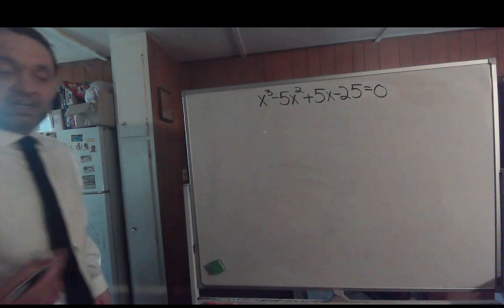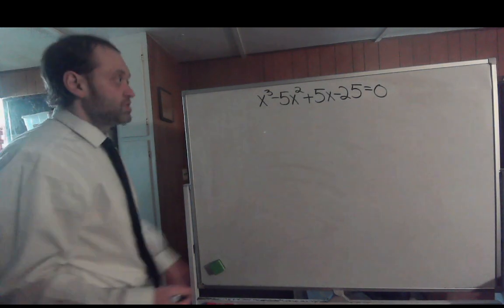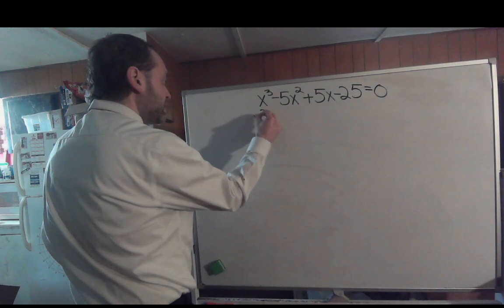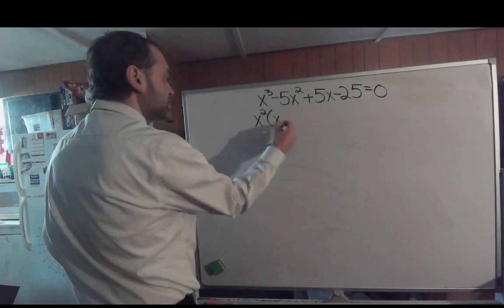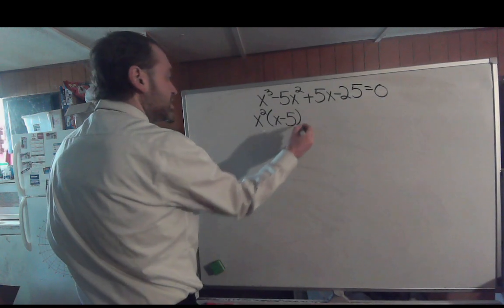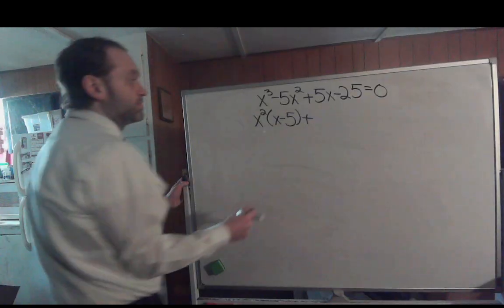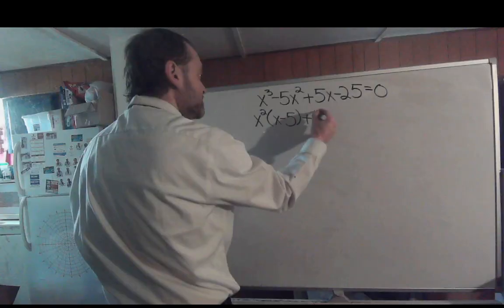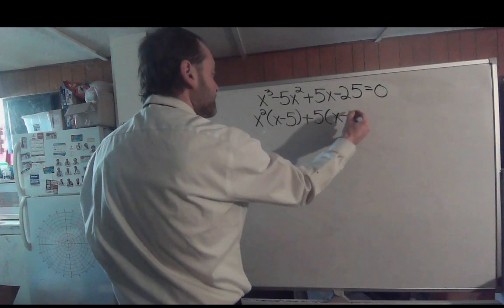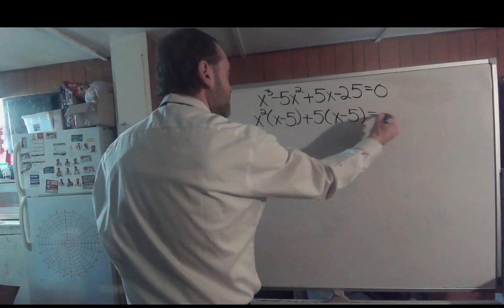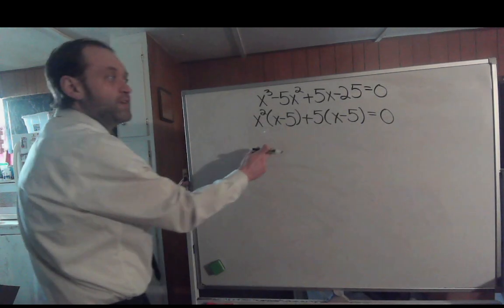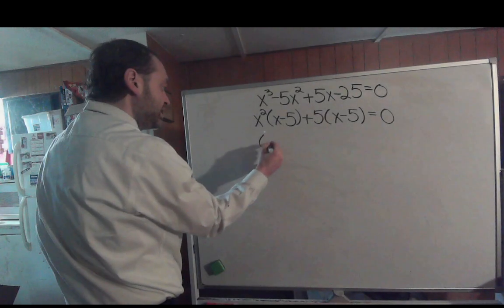This is definitely going to be factoring by grouping. So factor out the x squared from the first 2 terms. You would get x squared times the quantity of x minus 5 plus your 5x and -25. You could factor out a common 5, so you get 5 times the quantity of x minus 5 would be equal to 0. Well, between both terms, you could factor out a common x minus 5.